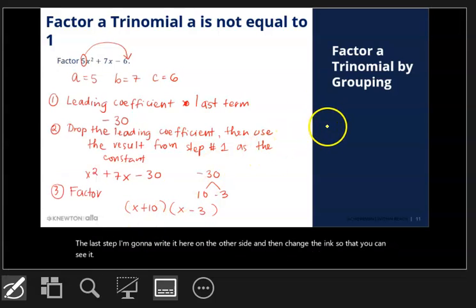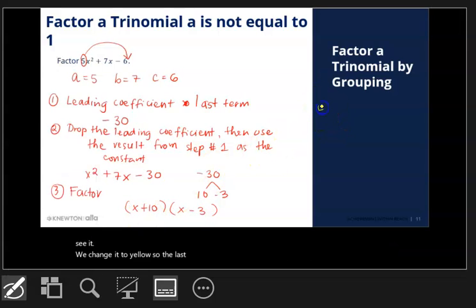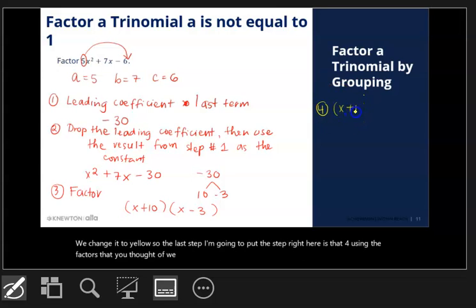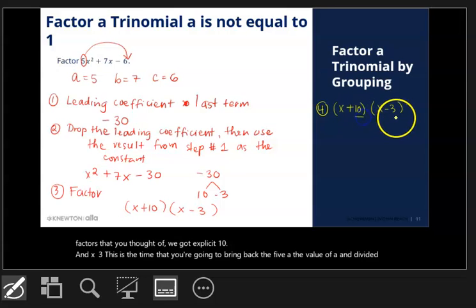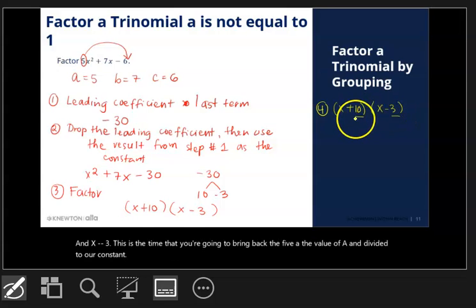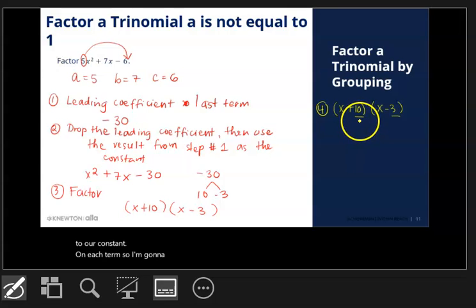So the last step, step 4: using the factors that you thought of, we got x plus 10 and x minus 3. This is the time that you're going to bring back the 5, the value of a, and divide it by our constant on each term. So I'm going to divide the 10 and the negative 3 by the value of a.